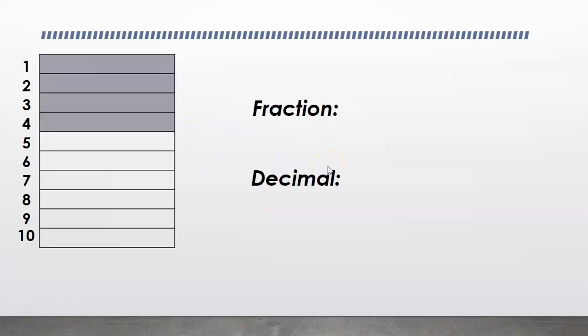Okay, if I have a model and I shade 4 parts here from 10 parts, then our denominator here is 10, bravo, and we shade 4 parts so it will be 4 over 10. A regular fraction. Okay. Can I convert it into decimal? Yes, of course.